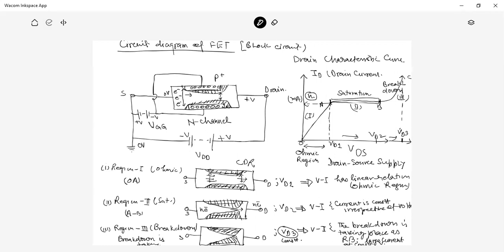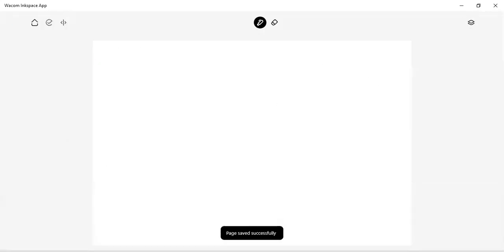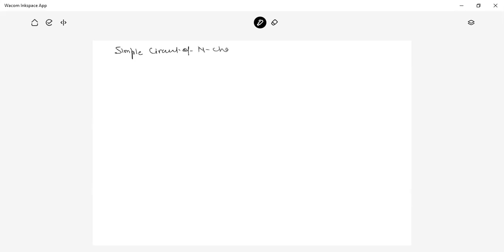Now, if we would like to have the circuit of the FET, as in the case of the circuit symbol, the simple circuit of N channel.